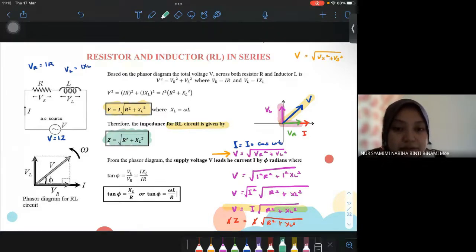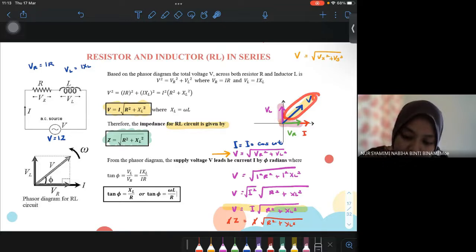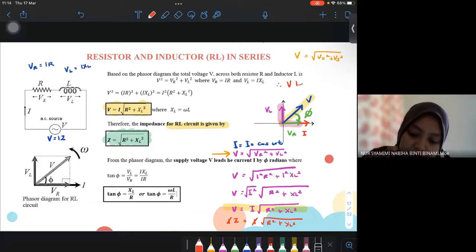Okay. Dan from the phasor diagram, so kita dah lukis phasor diagram dekat sini. So this is my V and this is my I. So akan ada phi which is di antara I dan V. So kita boleh buat conclusion dekat sini which is V leads I by phi radian.